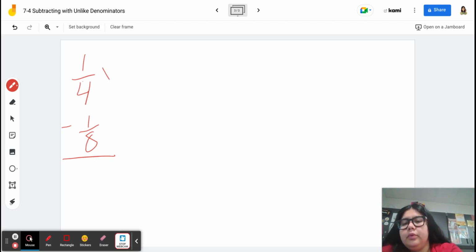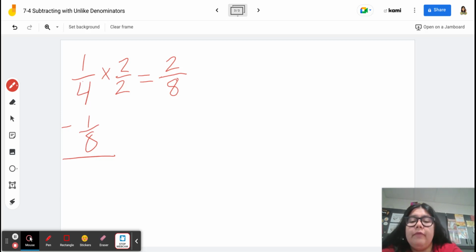So I'm going to go 1/4 times 2 over 2, and that will give me a common denominator of 8, and my numerator will be 2. So for 1/8, do I need to change it? No, I'm going to use my common denominator of 8 to solve.